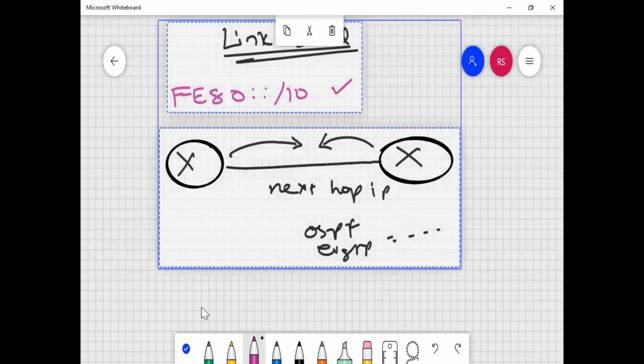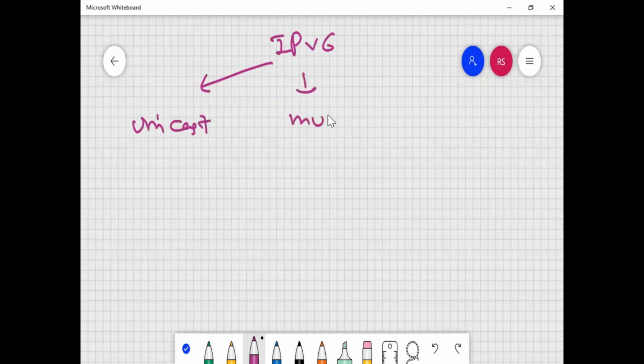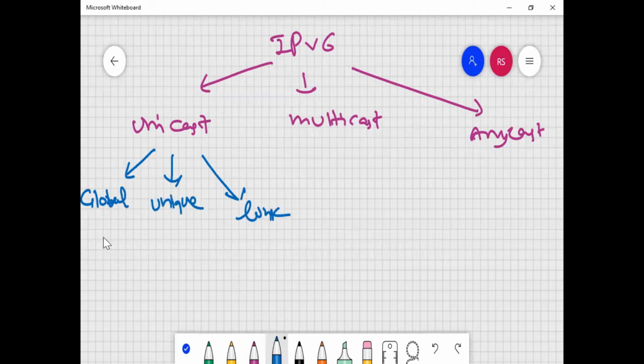Now let me just repeat what I discussed so far. For IPv6, it can be unicast, multicast, or anycast. Then I told that in unicast, again we have 3 categories: your global address, then unique local, and then link local.